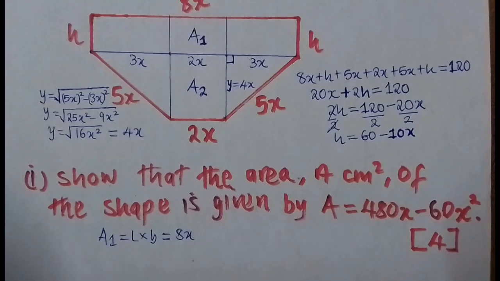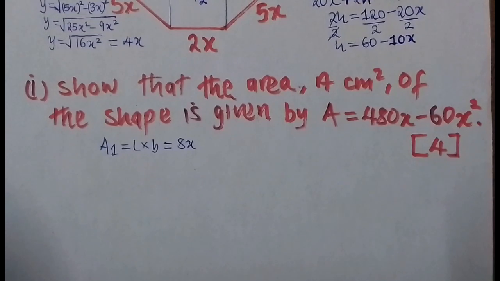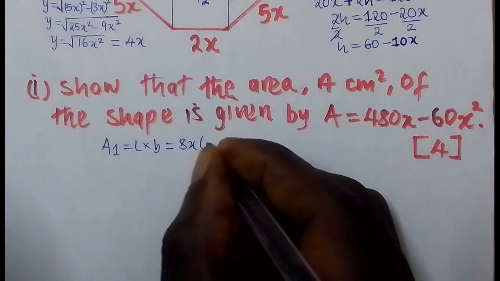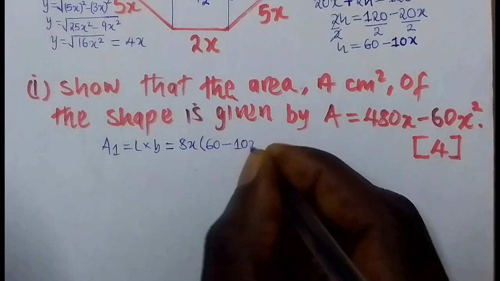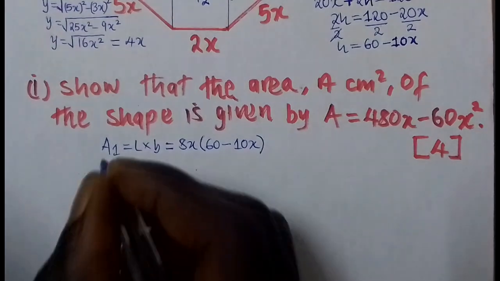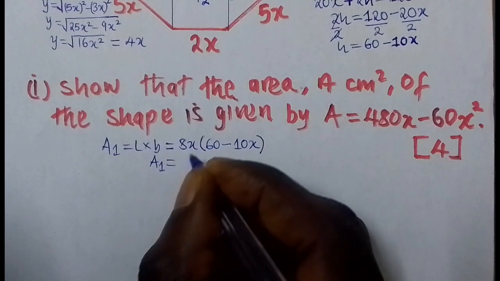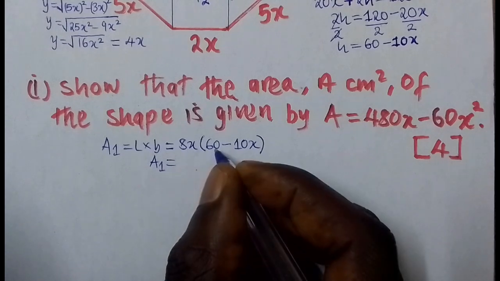So this is what is multiplying with the 8x. So here we get 8x open bracket 60 minus 10x. Multiplying what we have here gives area 1 as, what is 8x multiplied by 60?